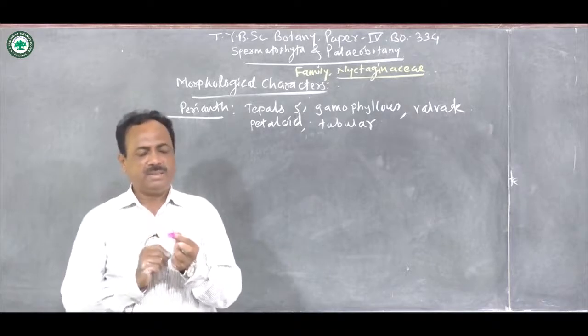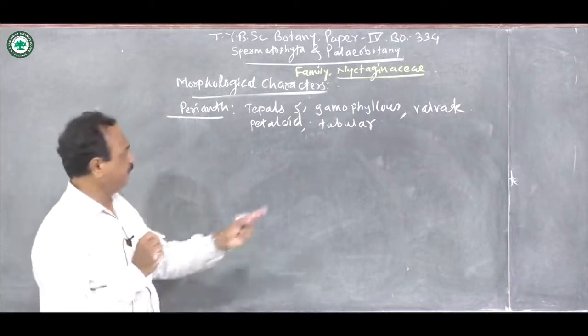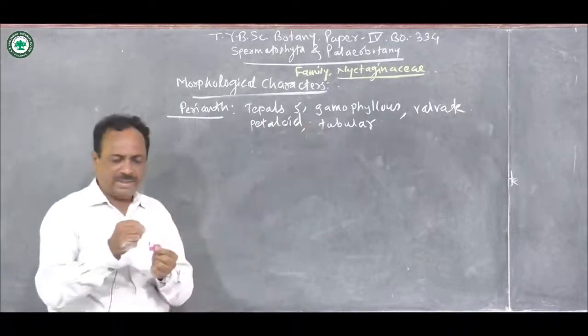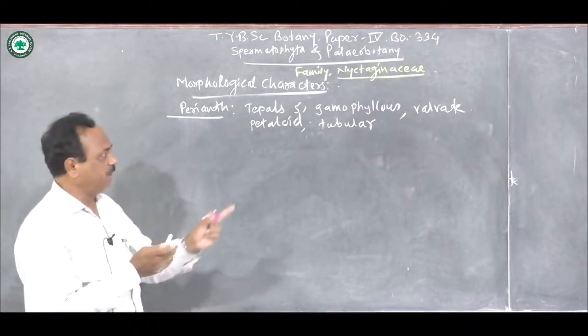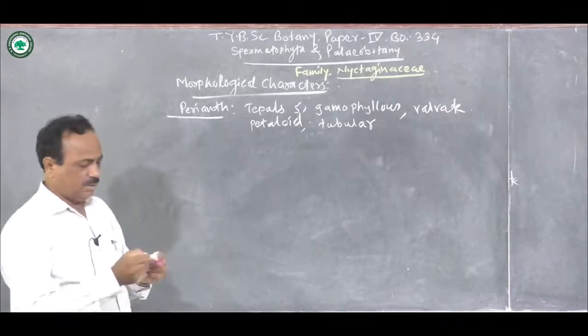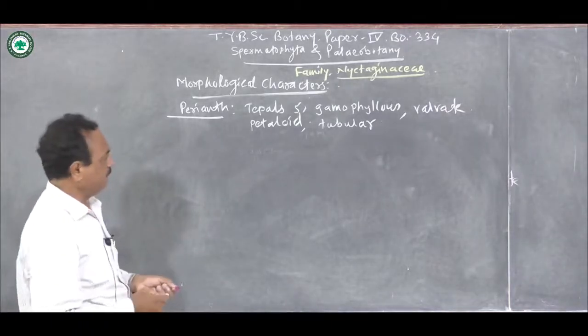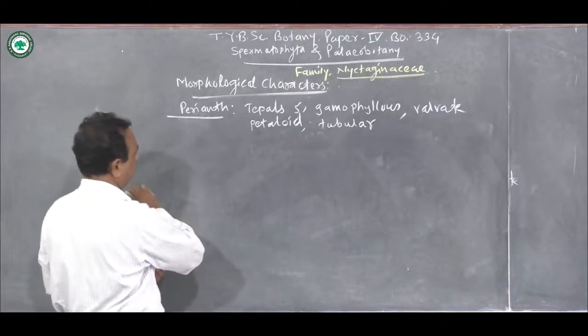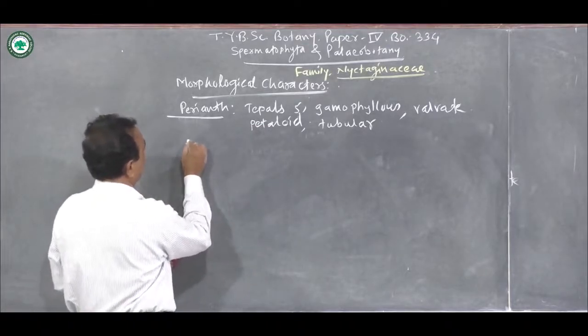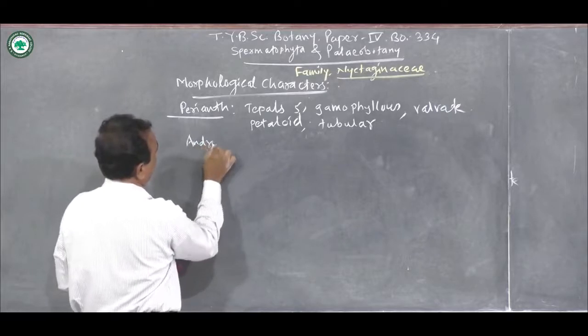So here the tepals are 5, united, fused, and there is a formation of a tube-like structure below, so it is gamophyllous. Here the tepals are present in the valvate type of aestivation, and it is colored, that's why it is called petaloid.